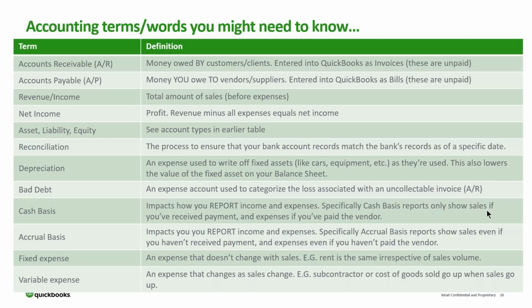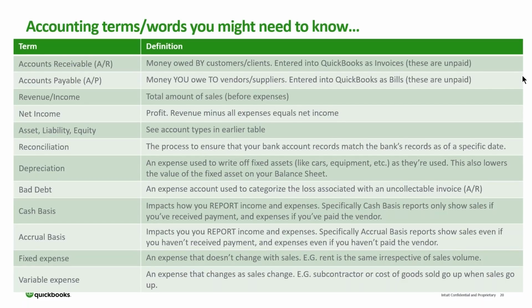We covered that. We also covered depreciation there. Bad debt. Bad debt is something that you can program into QuickBooks, usually through a credit memo. If somebody doesn't pay off their invoice over a long period of time and you want to move that income over into bad debt, which is an expense account, you can do so with that bad debt. So that's also something that you can use transactions for to calculate bad debt.